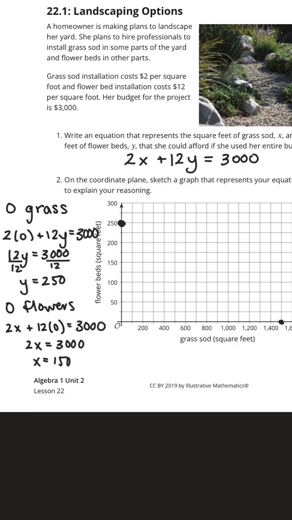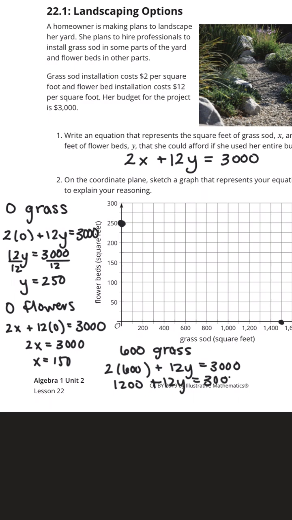So let's pick another number to go with. Let's say she does 600 square feet of grass. We can figure out how many square feet of flowers that will leave her with. So if it's 600 square feet of grass, that's 2 times 600 plus 12y equals 3,000. 2 times 600 is 1,200, so 1,200 plus 12y equals 3,000. Let's see, subtract 1,200 on both sides.